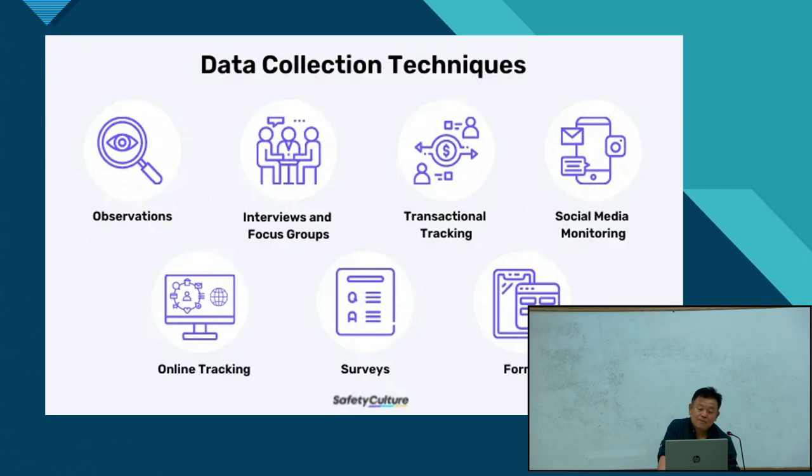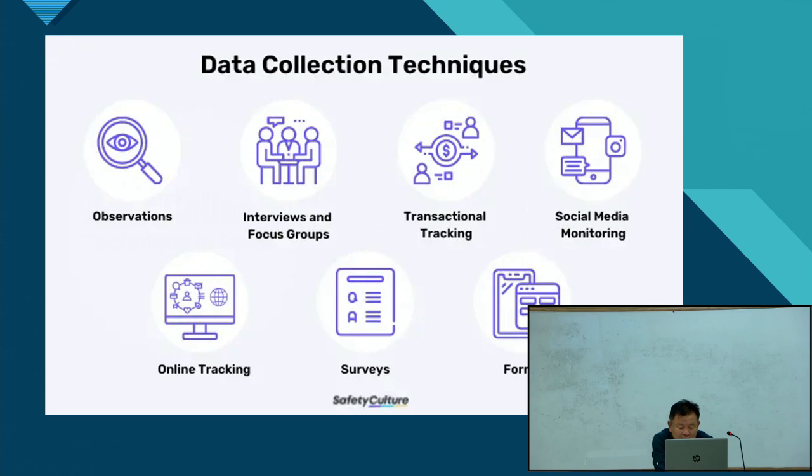This is the transactional tracking method. This is data collection. Nowadays, you know data mining, big data, and machine learning. Last time I talked to you, this year a Nobel Prize was given for AI, to professors working on it.